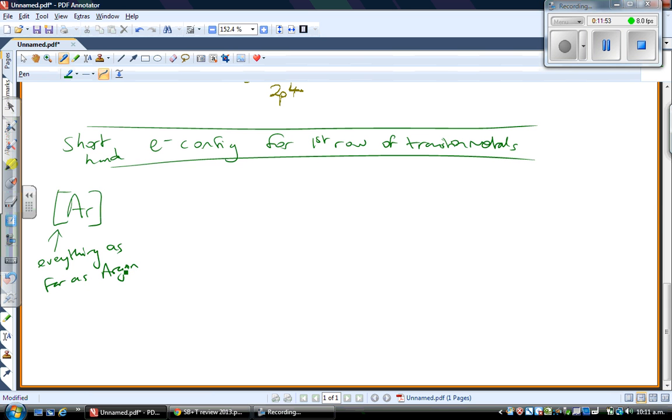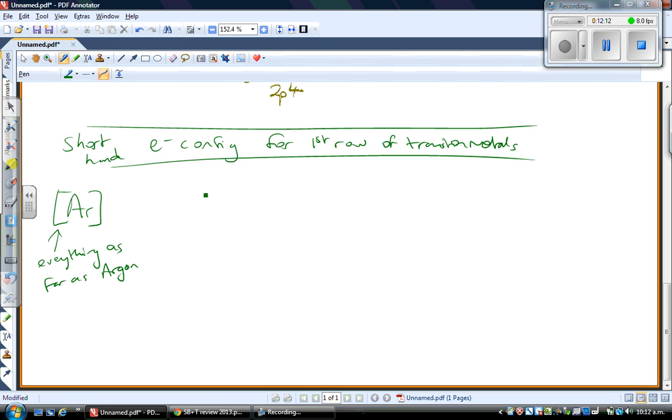In other words, all the orbitals in each energy level are filled as far as argon, and then on top of that you just need to write in the remaining part of the electron configuration for your first metal in the transition series, or the d block.